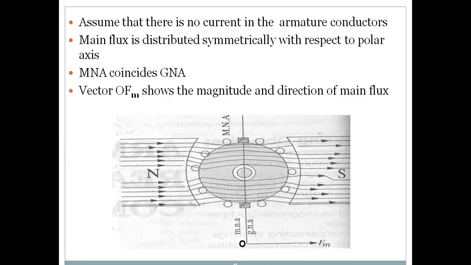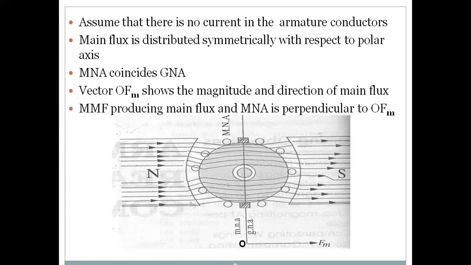This axis, the MNA, coincides with the GNA. During this explanation, armature flux is absent. That's why this is the vector of direction of main magnetic flux. Next slide.